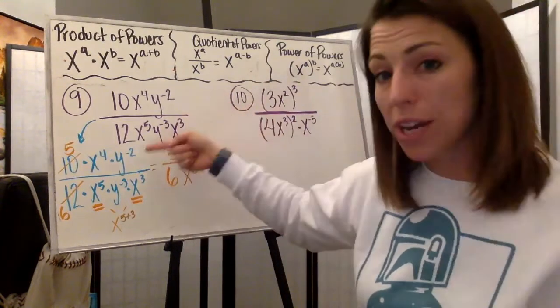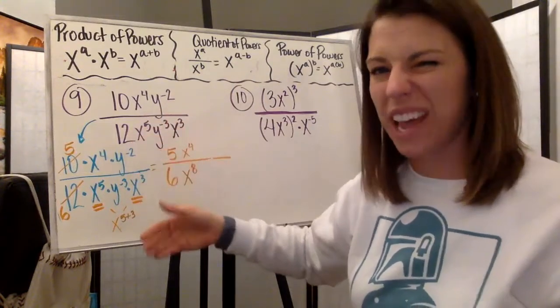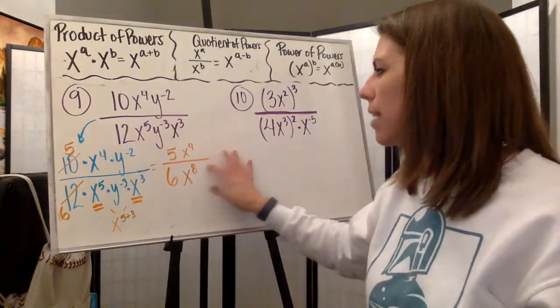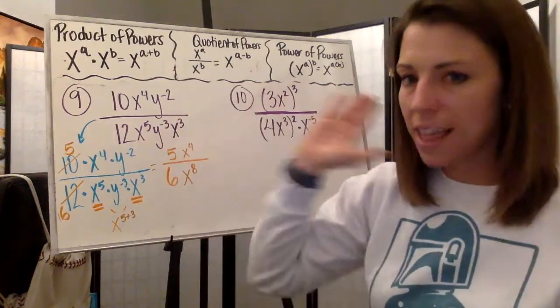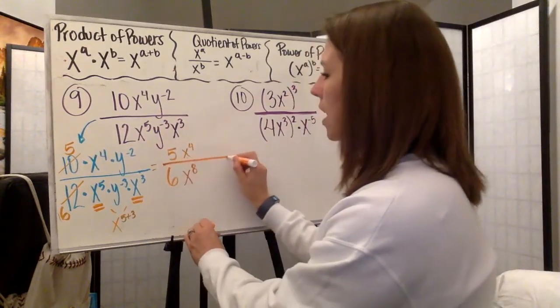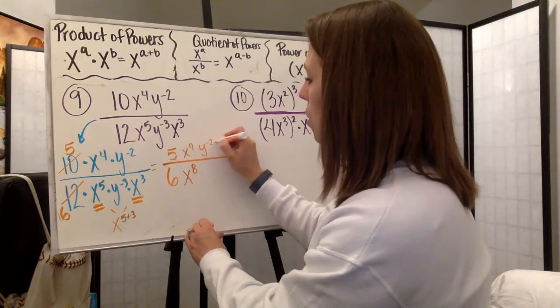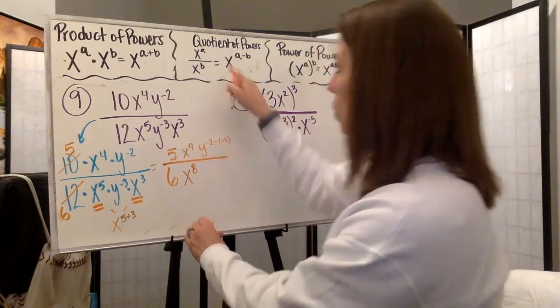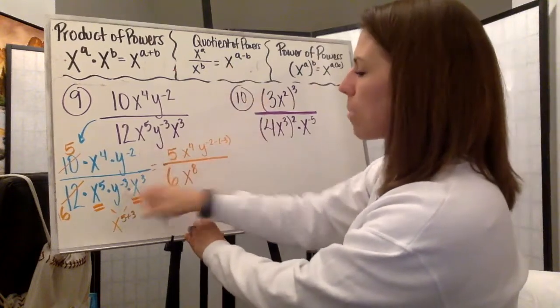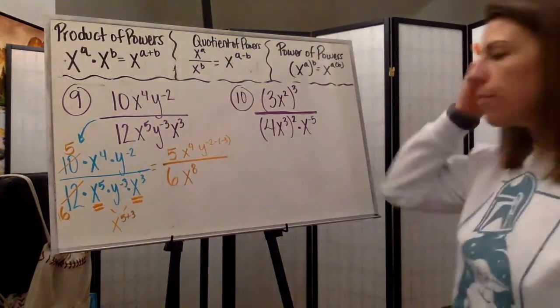So because it's greater in the numerator, I know my answer is going to end up in the numerator. I know that was worded weirdly, but wherever the greater exponent is, that's where your factors are going to end up. So -2 is greater than -3. That means in the numerator, I'm doing -2 minus -3. Quotient of powers, greater minus lesser. All right, there's some more math that I can do now.